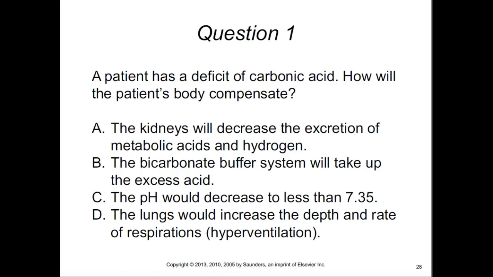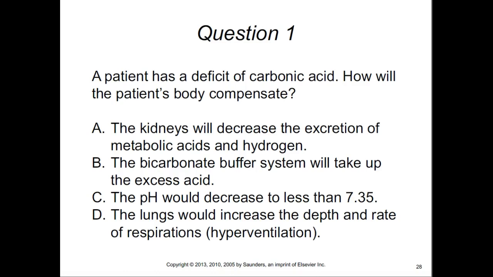The bicarbonate buffer system will take up the excess acid. Okay, so a patient has a deficit of carbonic acid. Is the bicarbonate buffering system taking up excess acid? If it is, then it would have a higher level of carbonic acid. Think about that. Look at your equation again and see how we make carbonic acid.